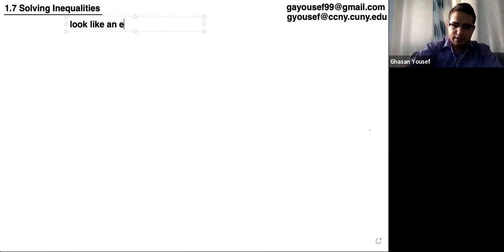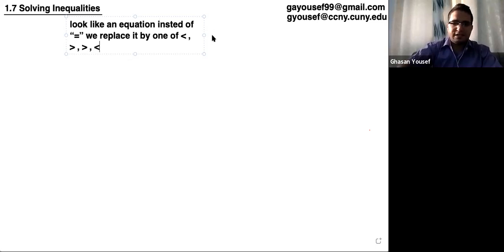It's similar to an equation, but the difference is that instead of the equal sign, we replace it with one of greater than or less than, or sometimes greater than or equal, and less than or equal.